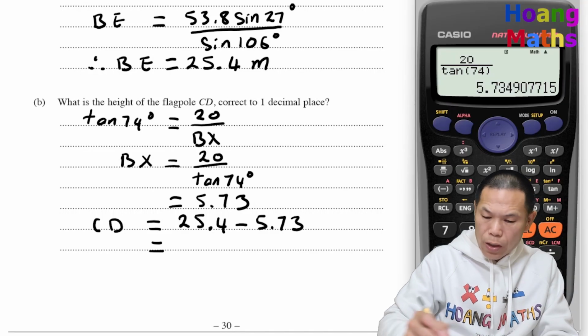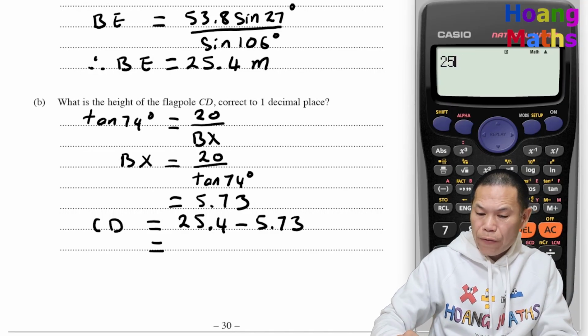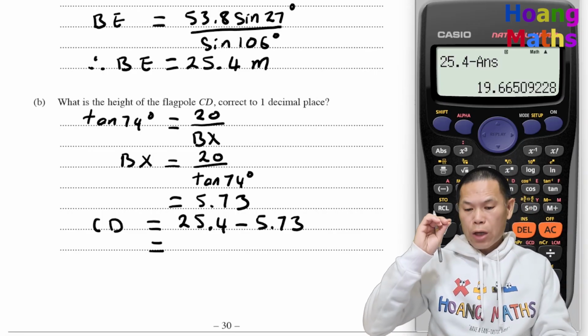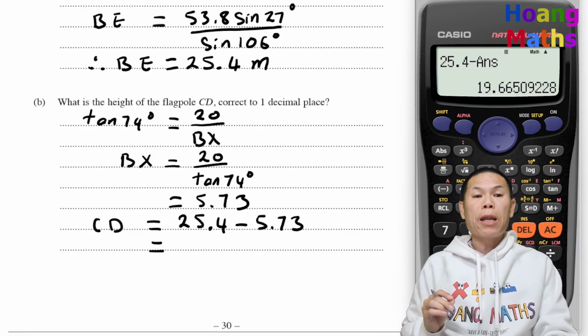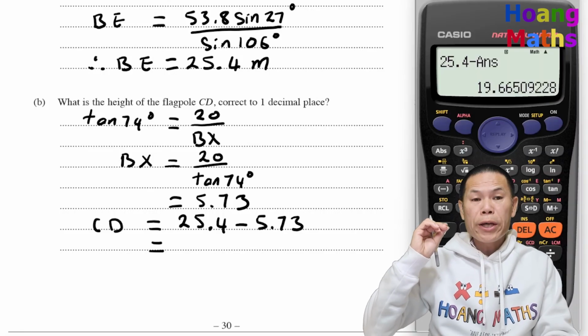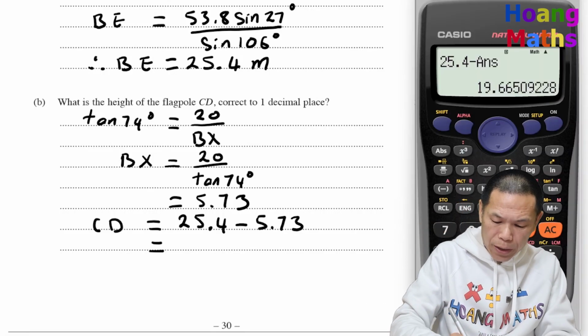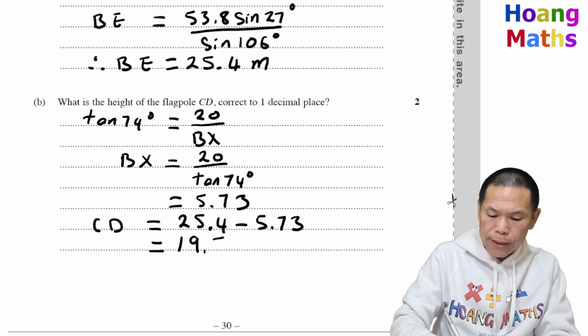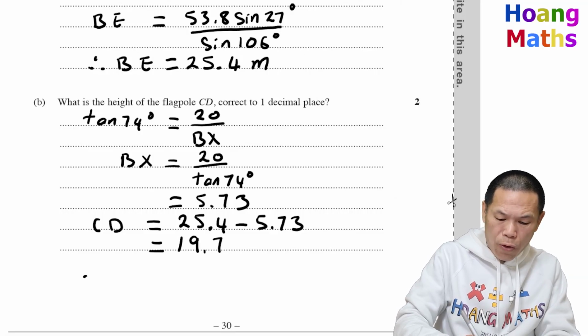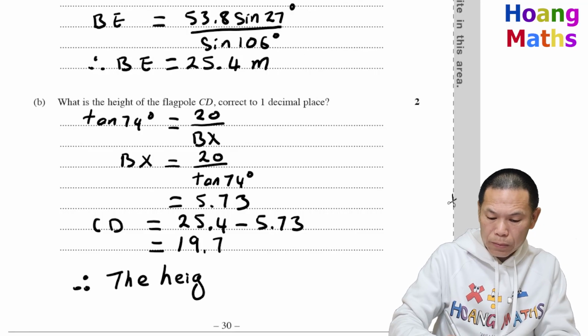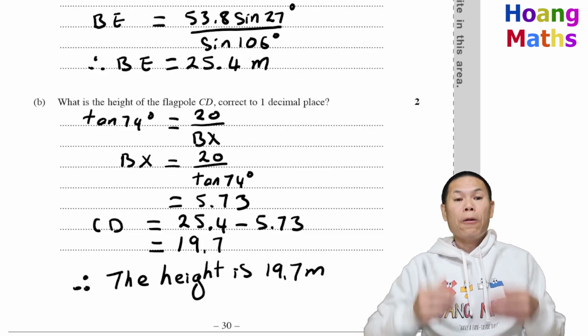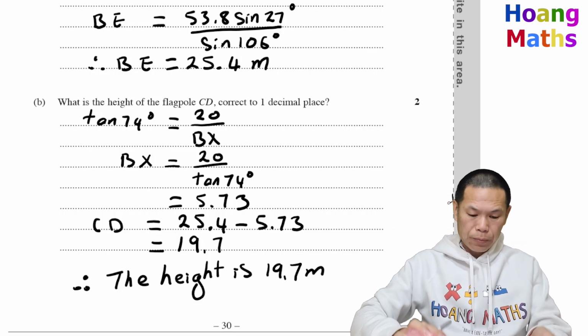I just go 25.4 minus the answer. There you go. And it's correct to one decimal place, so 19.66 becomes 19.7. So 19.7.